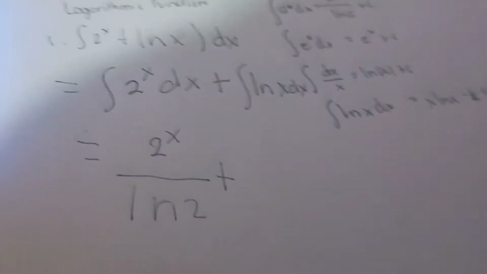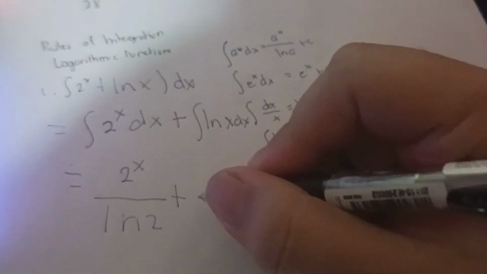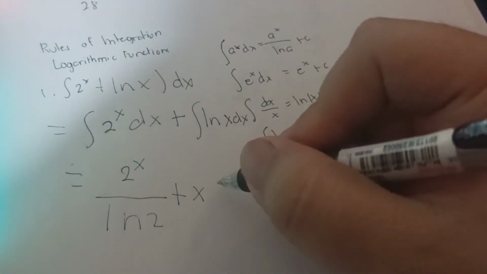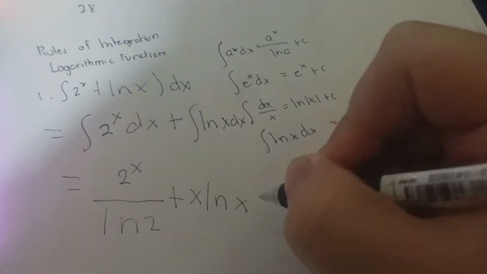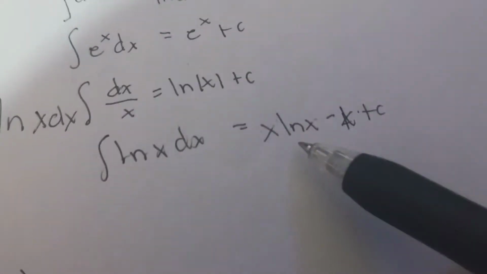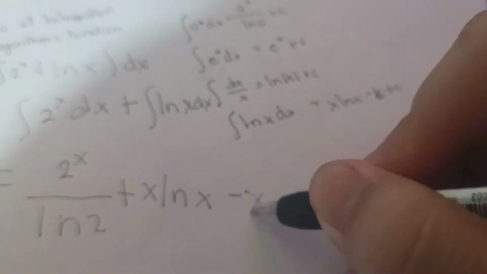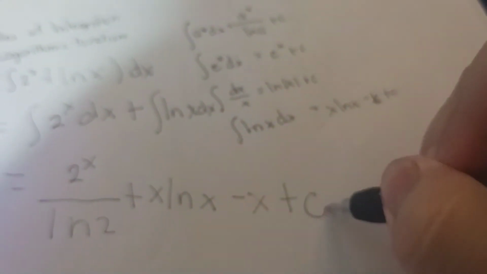Here is the formula. So plus x ln of x minus x plus arbitrary constant.